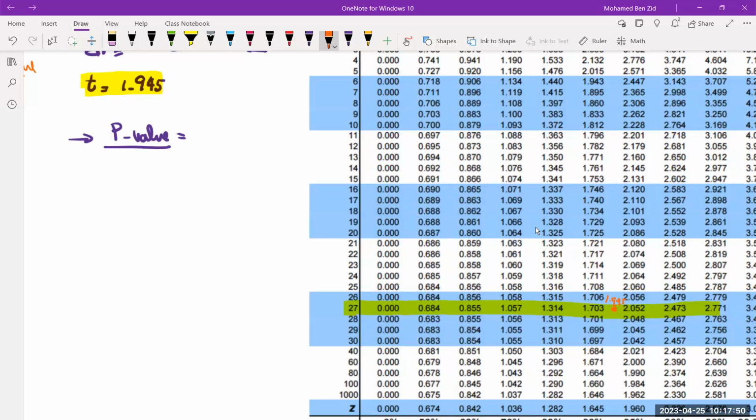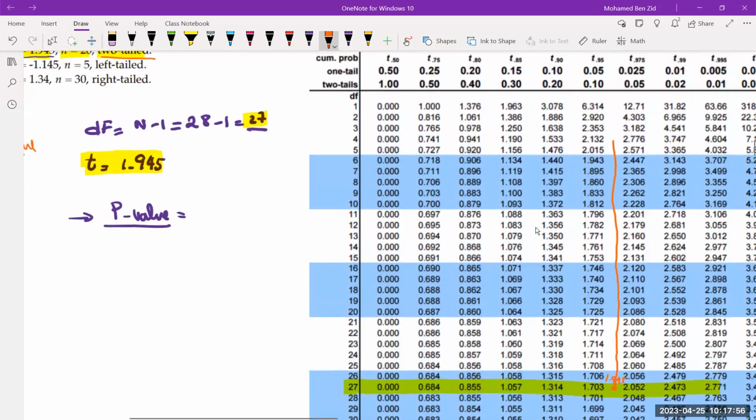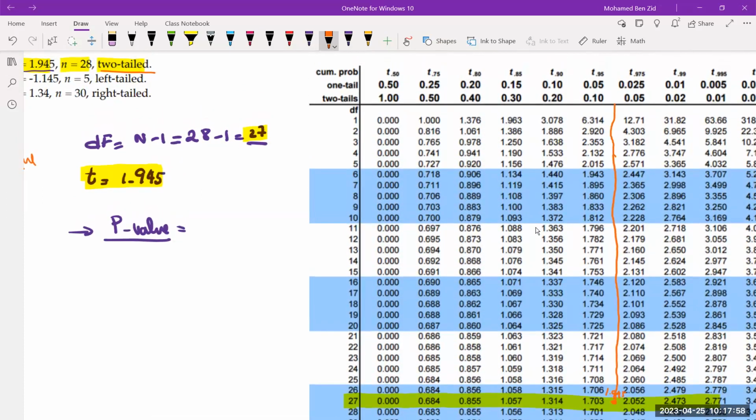So now, how can I read it? I'm going to have to go up all the way and read the two tails intervals. So whatever is falling between, actually, the two values are 0.1 and 0.05. So your p-value is going to belong to that interval.